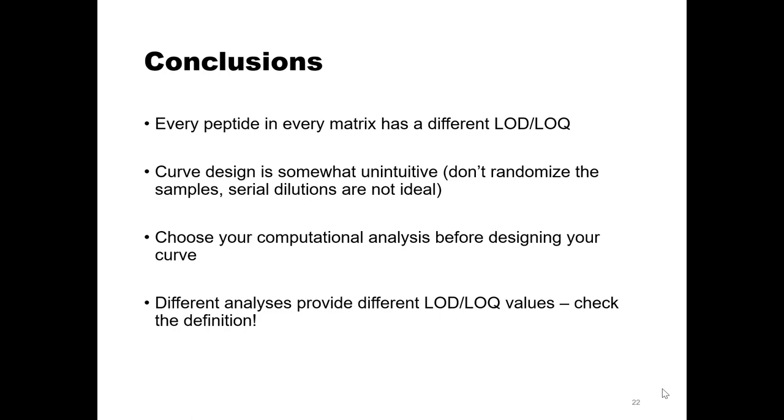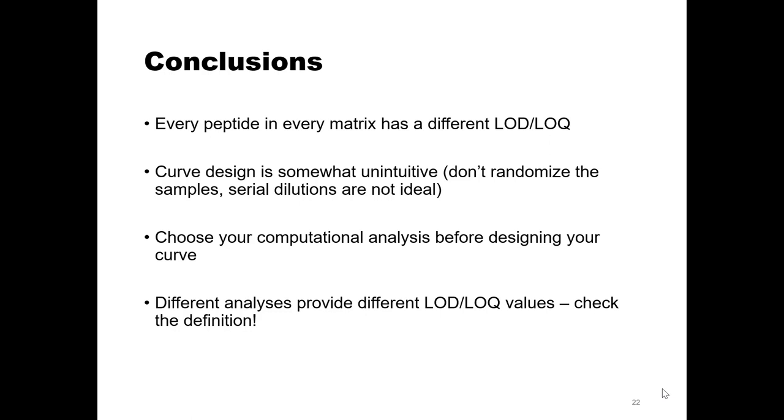Curve design, I think, is somewhat unintuitive, so I gave you a little checklist to go through. But I think when you go to do it yourself, the best way to learn how to do it is to make a bunch of mistakes and just learn the hard way. I think it's important that we consider our computational analysis before we design the curve, because how you design the curve is going to be influenced by what your downstream statistical model is going to be.